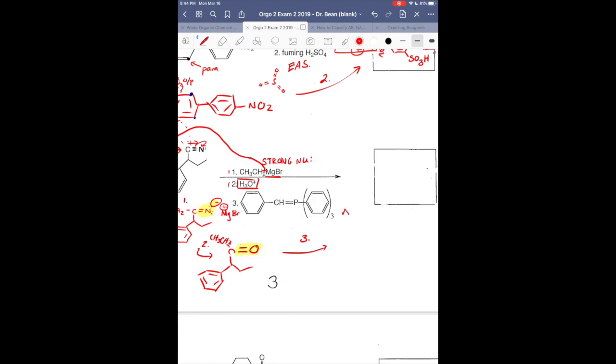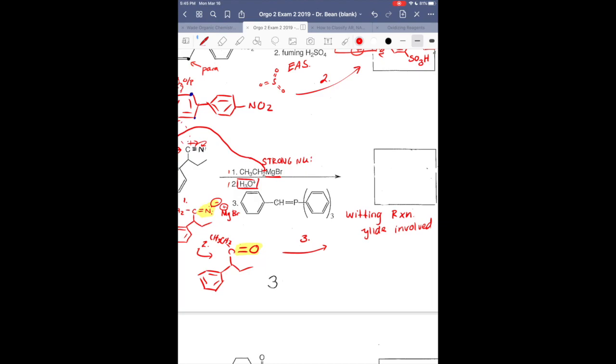This hasn't been talked about yet, but it's called the Wittig reaction, in which you have a molecule that is classified as an ylide, so it's spelled very odd. So you have an ylide involved here.